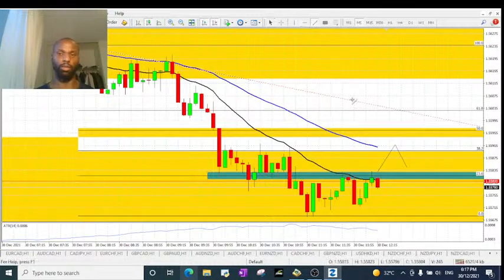I can't just take sells. The market has to change structure again. We have to get something like this, maybe get this, then get something like this. You see? Once we break through this, and if I'm going to be taking sells here, we've broken a lot of structures already on the lower time frame.